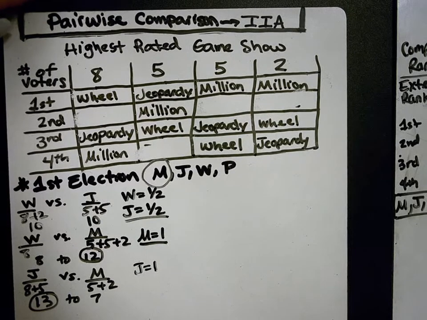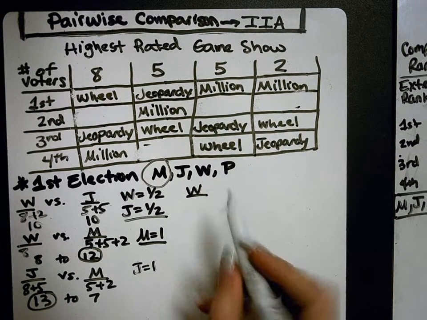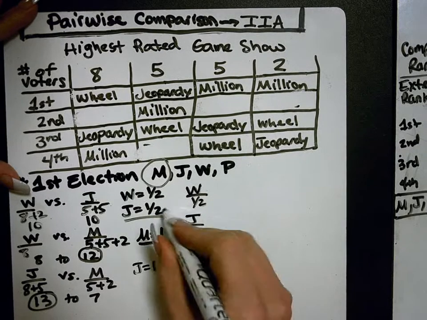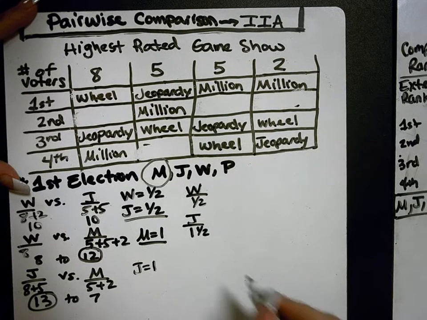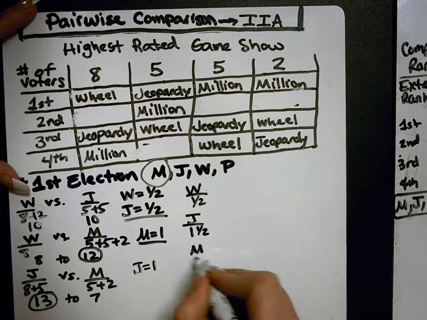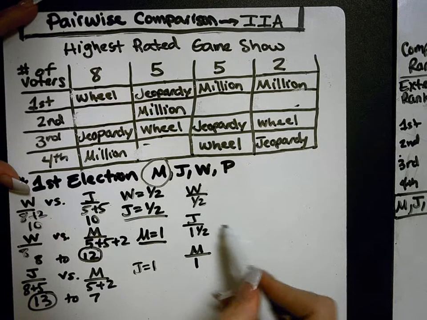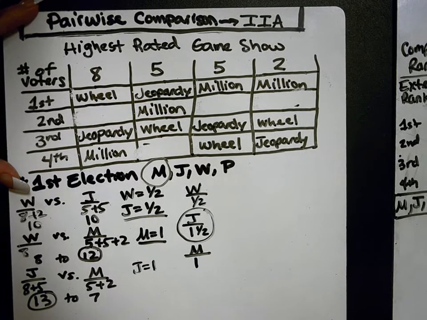So let's go ahead and calculate the points. Wheel has a total of 1/2 point. Jeopardy has 1.5 points, and Millionaire has 1 point. So it's the pairwise comparison. Whoever has the most points wins, and Jeopardy wins.